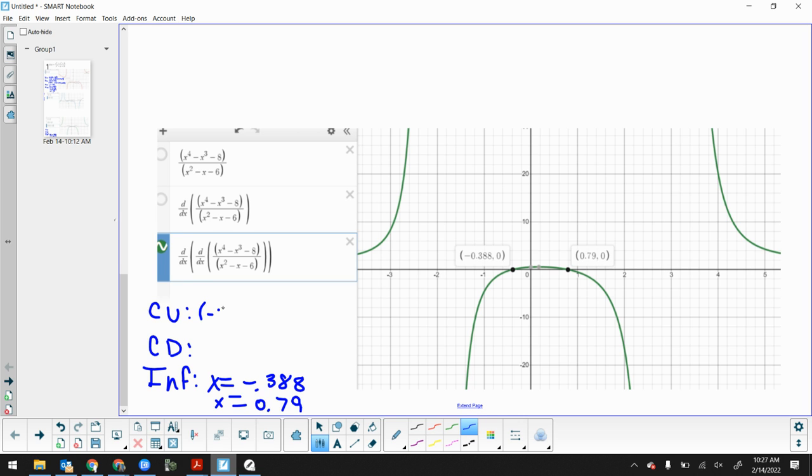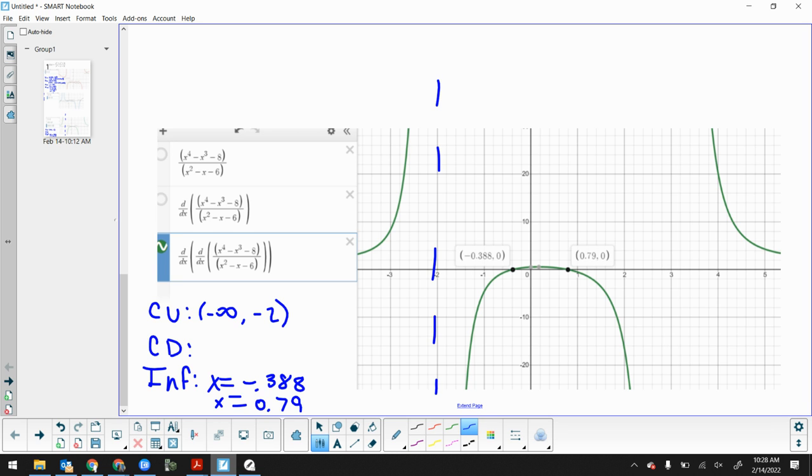So it's negative infinity. Well, is it still concave up down here? No, it actually switched somewhere in there. And it's actually switching right there, isn't it? At x equals negative 2. It's concave up from negative infinity to negative 2.